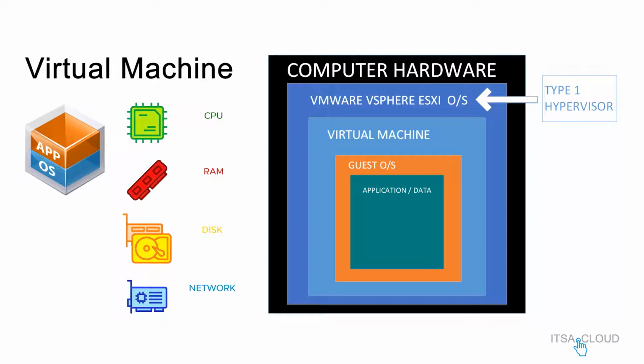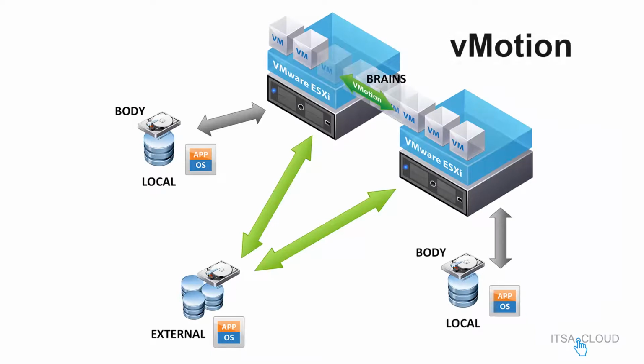This is a little bit advanced, but I'm going to explain a little bit about vMotion. vMotion is when a VM moves from one host to another, and when that happens, you only keep the configuration files in the hypervisor.